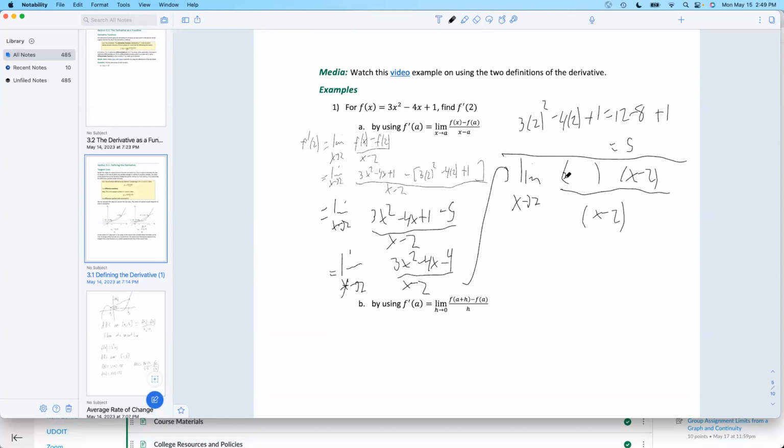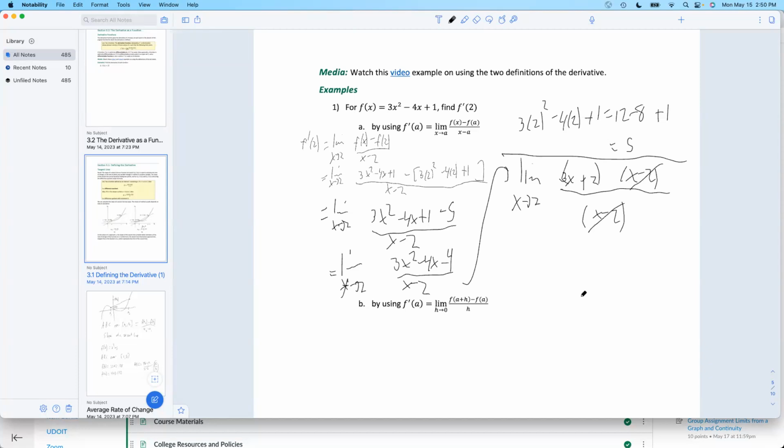I know I have to have a 3x here so that I get 3x squared. And in order for this to be minus 4, I think this has to be plus 2. Now we could FOIL and check. So we would get 3x squared minus 6x plus 2x, that's minus 4x minus 4.